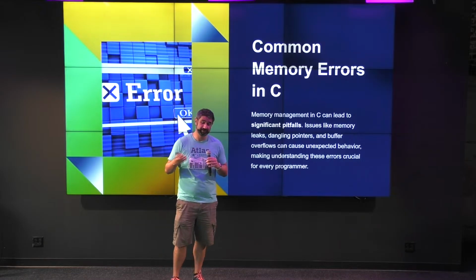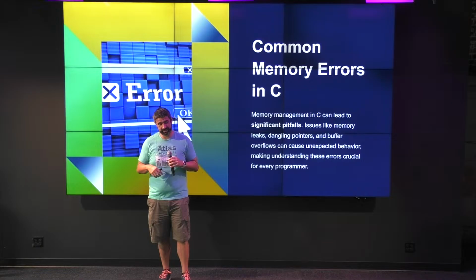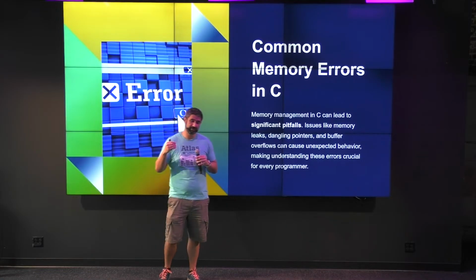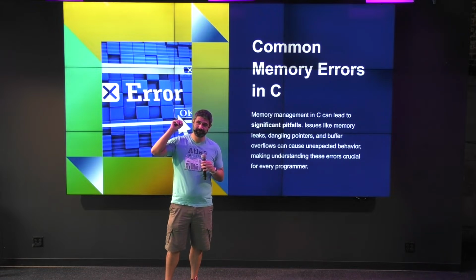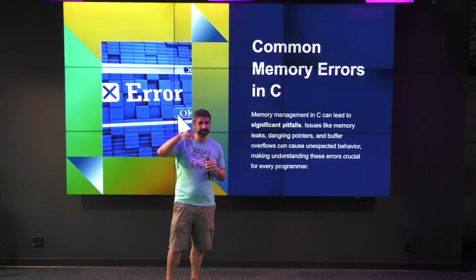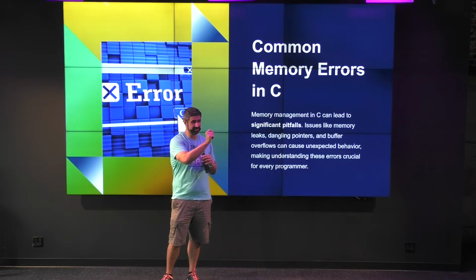Dangling pointers are a thing whenever you have something that's been freed already, but then you try to use the variable again, and the variable is still pointed at the location it was assigned.